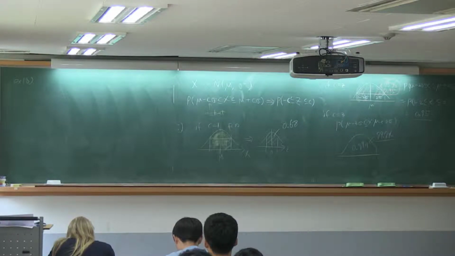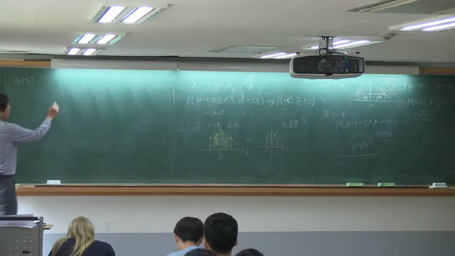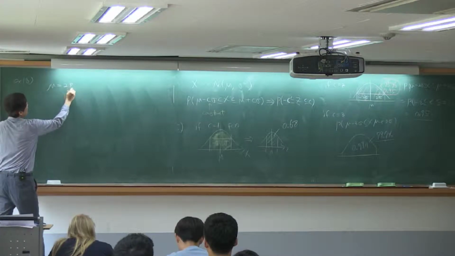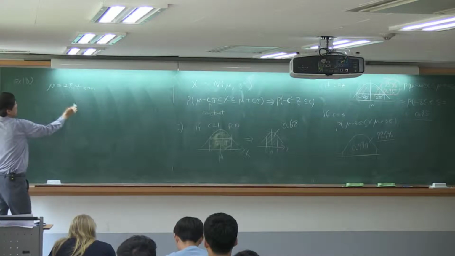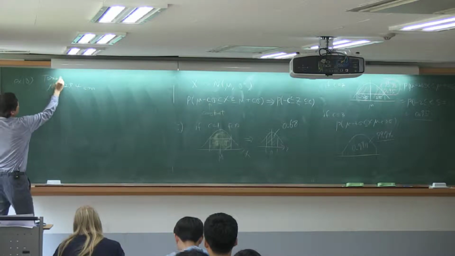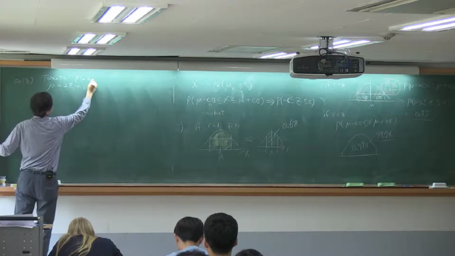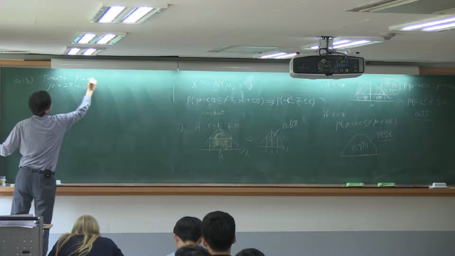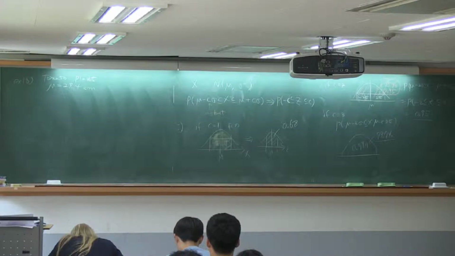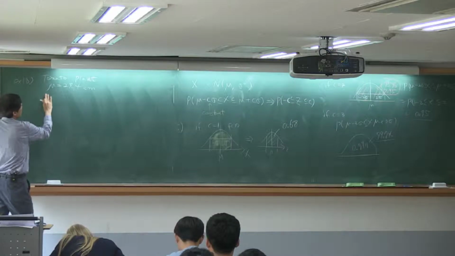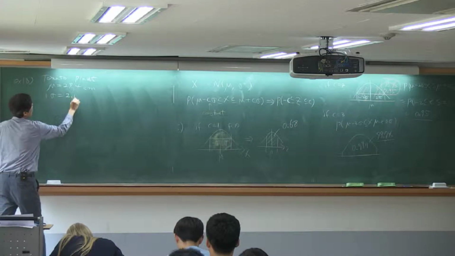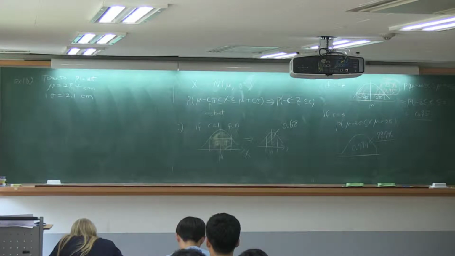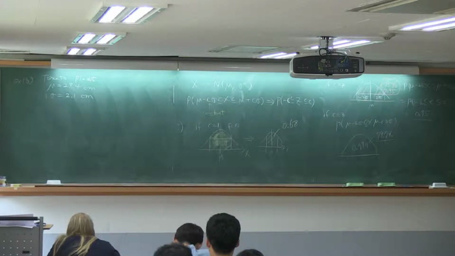The mean is 29.4, and the unit is centimeter. The standard deviation is 2.1, so sigma is 2.1 centimeters. In mathematics, you have to be careful with units. You must always state the units accurately.